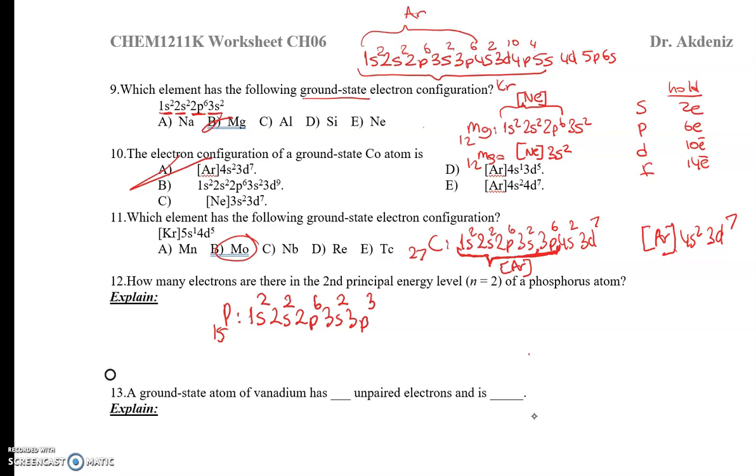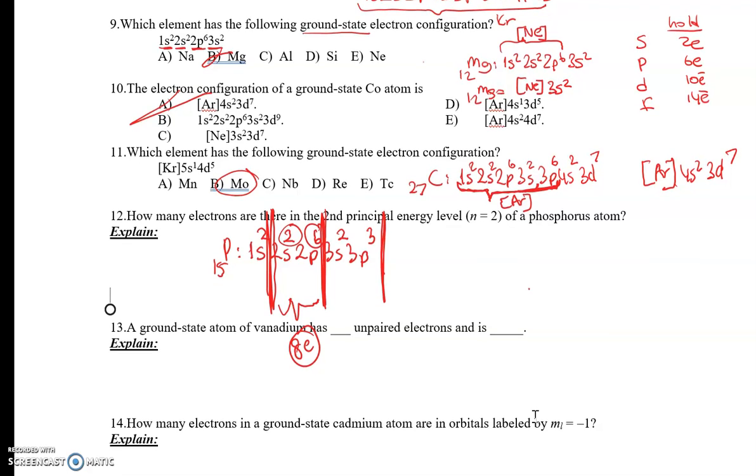On the first shell I got 2, on the second shell I got 2 and 6, and on the third shell I got 2 and 3. It's asking how many electrons on the second shell, right? So this is the first shell, this is the second shell, here's the third shell. So 2 plus 6, total of 8 electrons. All right.